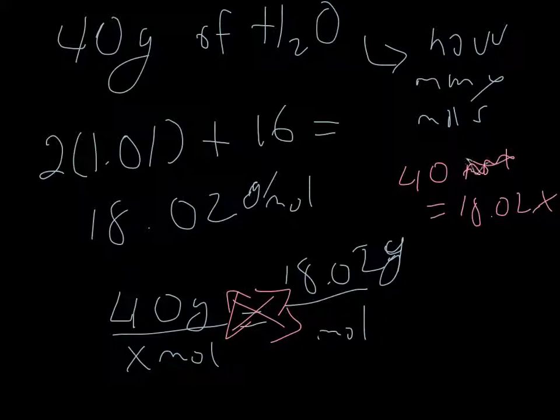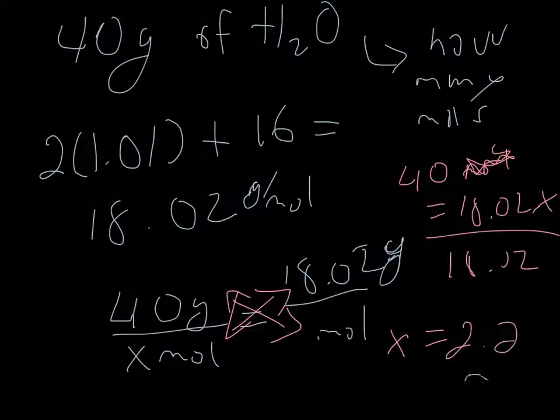I don't even worry about units for this part. Divide each side by 18.02 to get x equals 2.2 moles. You just leave it in moles, and now you know how many moles of H2O you have in 40 grams of water.